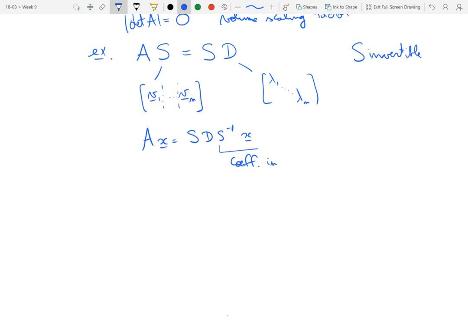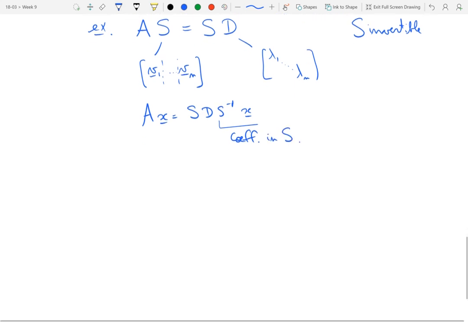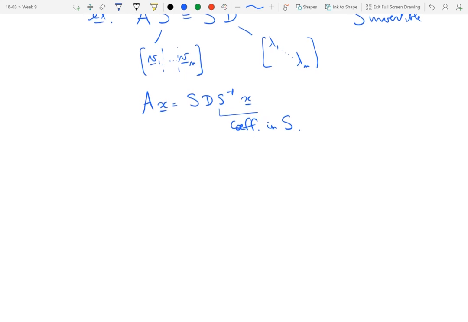So you are doing a change of basis so that the matrix is diagonalized, is decoupled. It becomes the action of the diagonal matrix onto that vector of coefficients.